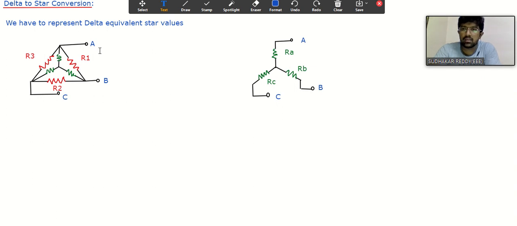Now what I'm doing is, first I will find out the equivalent resistances between any 2 points.